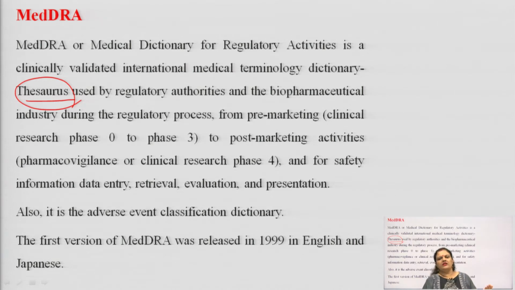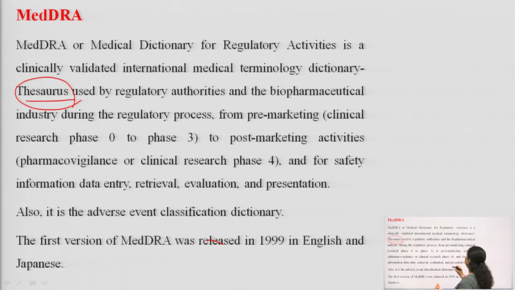Before starting clinical research, we have a preclinical phase where we start testing the particular new API molecule in animals. When we get sufficiently good results, we take human volunteers and start our clinical research, which from phase 0 to phase 3 is considered the pre-marketing clinical phases. Then the post-marketing activities.